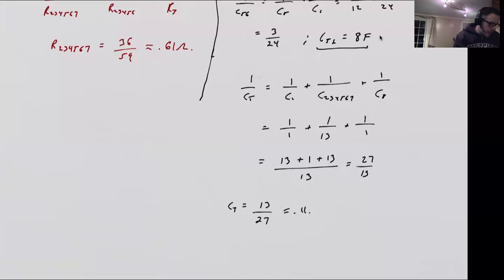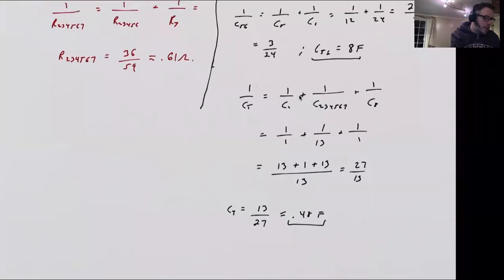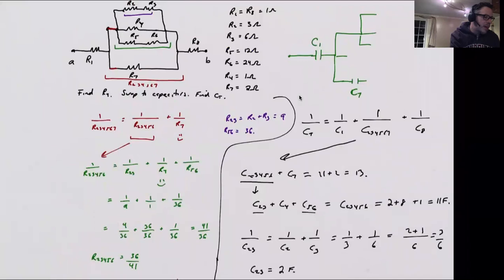I typed in the wrong number. 13 divided by 27. There we go. That's better. Had to be closer to half. It's 0.48. And we have it. So that entire mess of things in terms of a capacitor network comes out to be nothing more than almost a half of a farad.